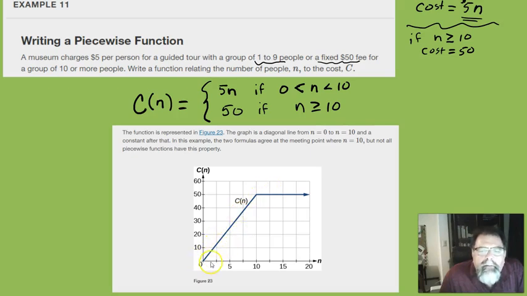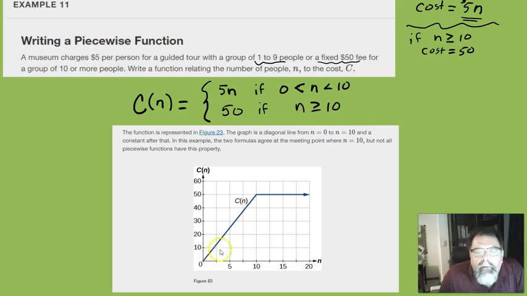Technically it shouldn't be a continuous thing because you can't have 0.2 people, but that's the way the book did it. And then it's just a flat $50 for anything bigger than 10. So they converted this to a continuous function. Again, it probably shouldn't be, but that's okay. It's just to illustrate the idea.